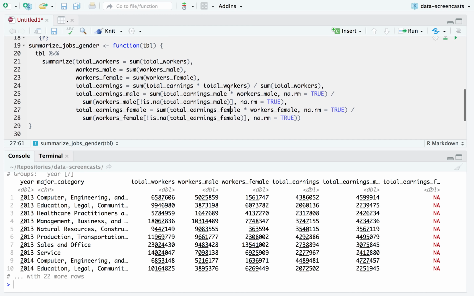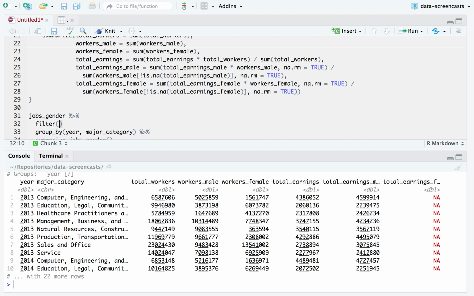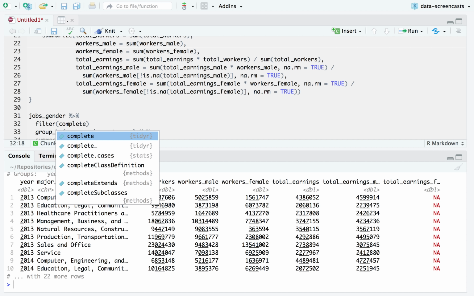If I tried just, this is going to be wrong, but if I tried just saying complete cases, I would still be missing some examples. Let's see. I would say filter complete cases. I would say, let me see. I wonder if, do you spot my mistake? I don't spot my mistake.